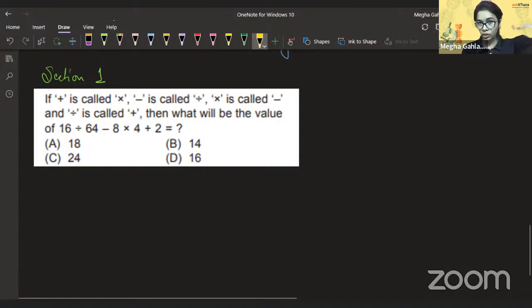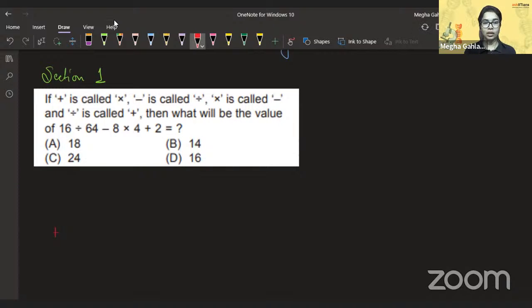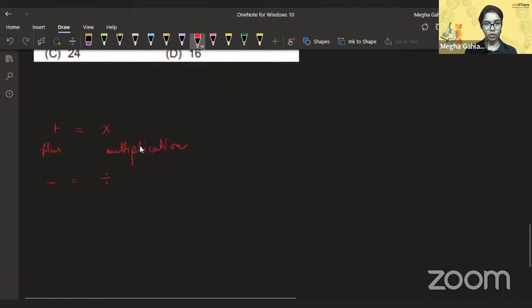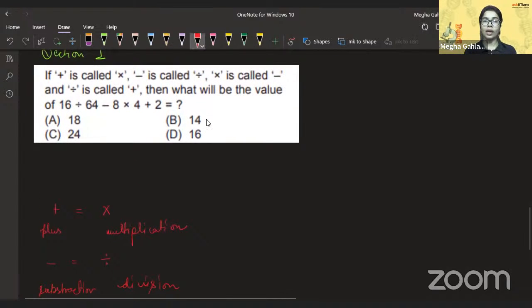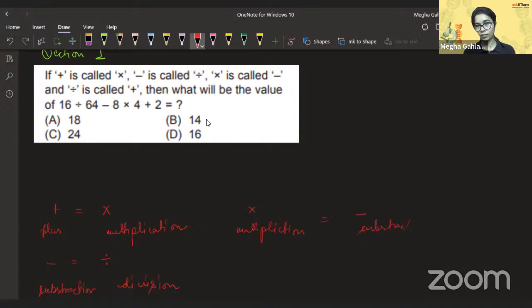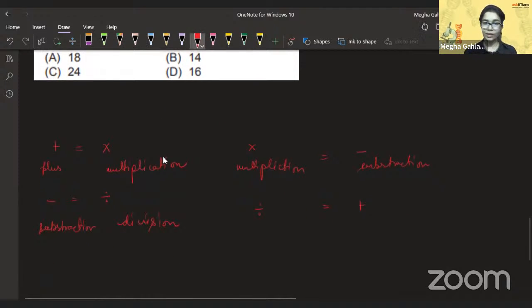Okay. For this one, the question says if plus is called x, that is multiplication, your plus has been changed into multiplication, and subtraction is called division, that is, your subtraction has been changed to division, and your multiplication has been changed to subtraction, and your division has been changed to a plus, basically addition, right?